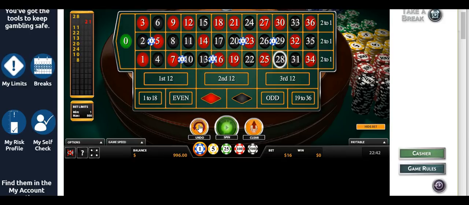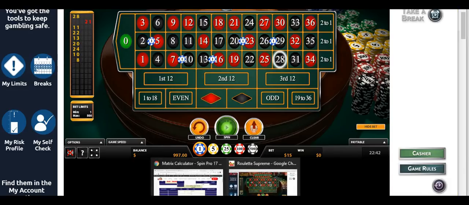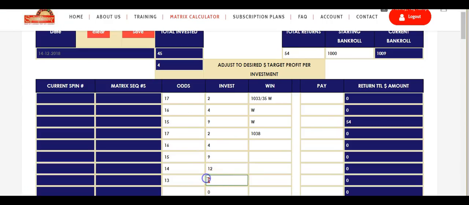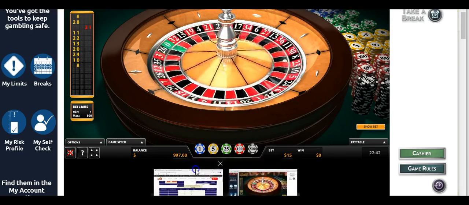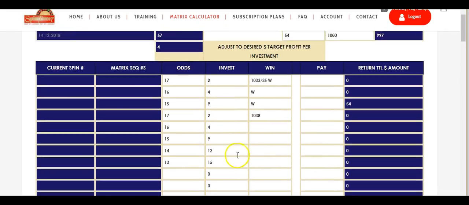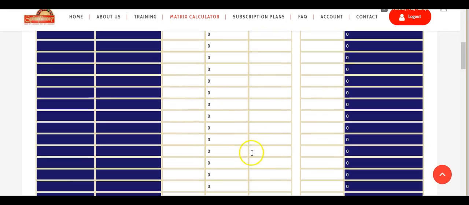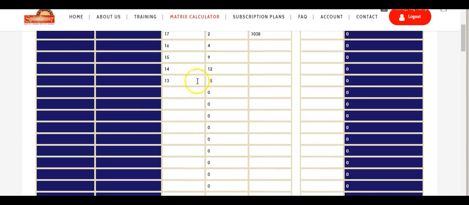Here we go. So your total bet is 15. All right, and you're going to spin away. Okay, 8 came. Oh wait, actually, you still have 1 more left in that sequence. So now it says 4, and you're going to add 1 more, so it's 5.